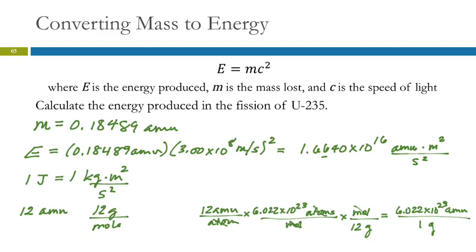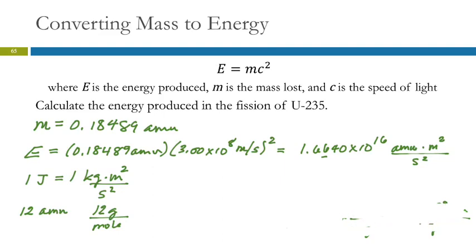Okay, now that I made all that mess, let's get rid of that. So I need some room. Okay, so we've got 1.6640 times 10 to the 16th atomic mass units meters squared per second squared.